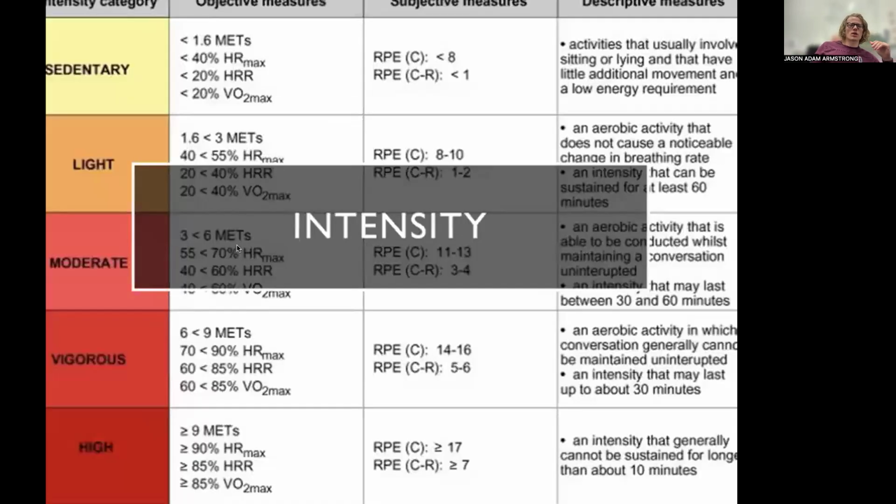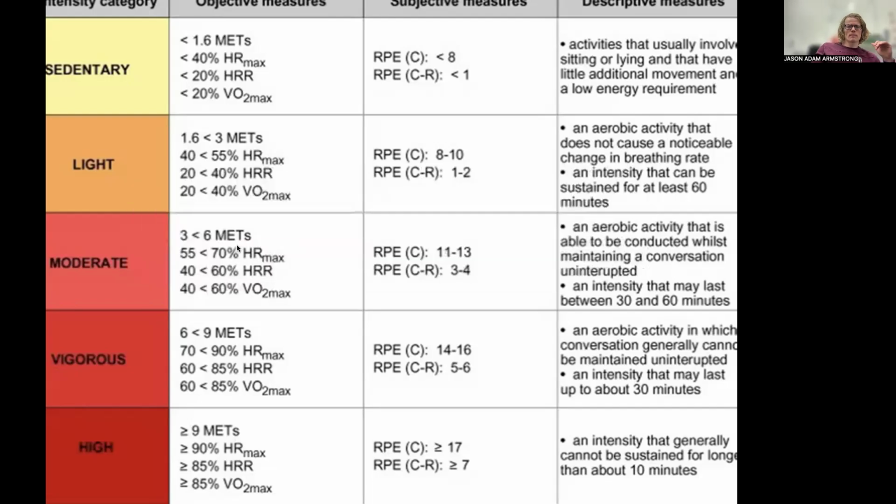Okay, so now I'm going to go through intensities just a bit more. I like these descriptions. I'm not going to read through them, but this is a helpful graphic for you. So being sedentary is less than 1.6 METs. 1 MET is considered rest. So the actual number is 3.5 milliliters of oxygen consumed per kilogram of body mass per minute at rest.